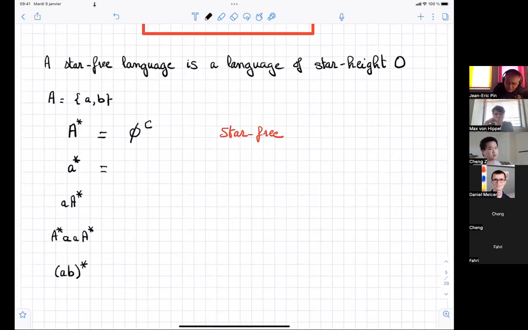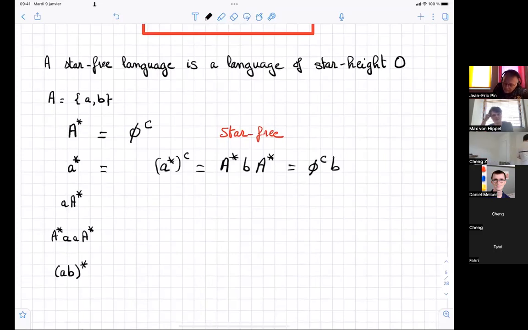Exactly. So let me observe this. What you just said is that this is everything that contains a B, at least, is this, right? But this is this.